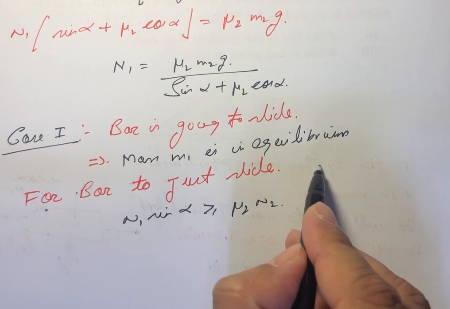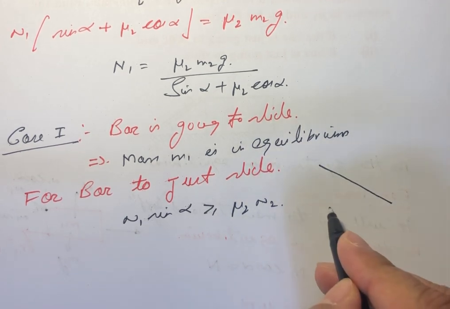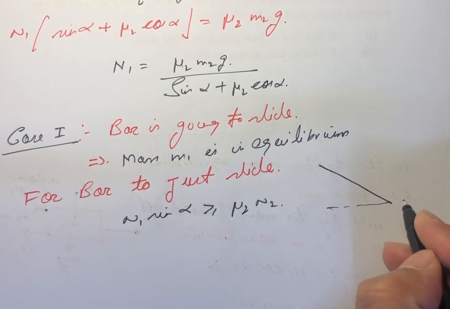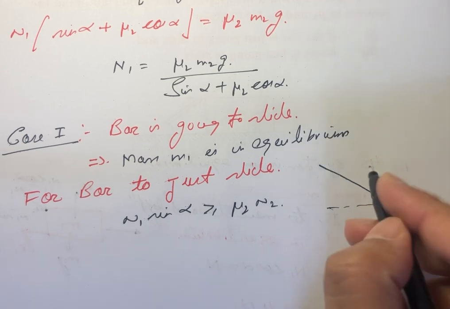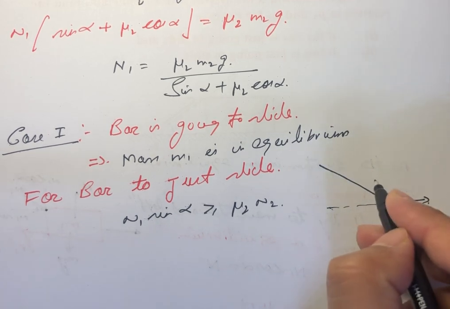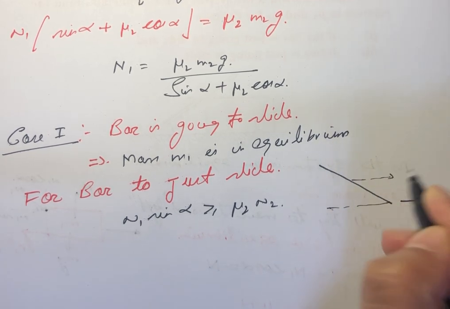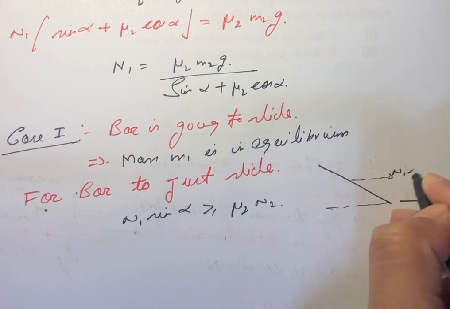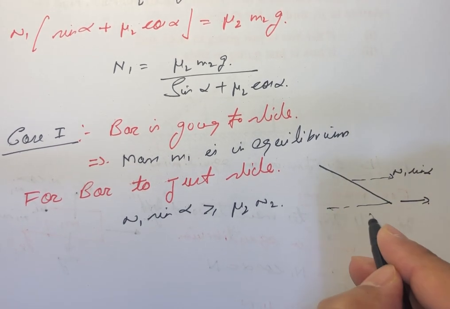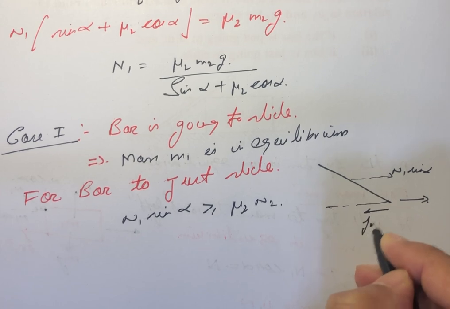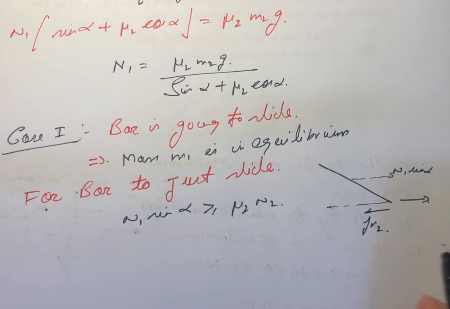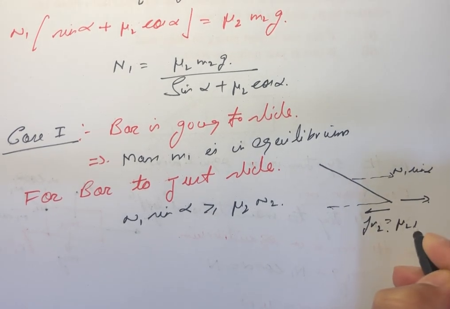Basically it means it is going to slide in this direction, and we have a force which is n1 sin alpha, and we have a frictional force Fr2, which is equal to mu2 n2.